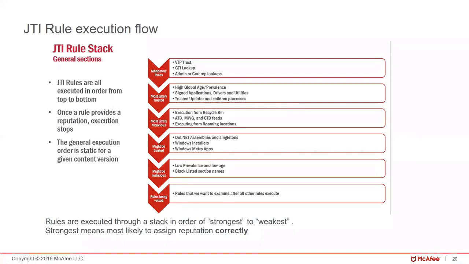So what this is going to end up with is the cache criteria for a file process. The rules are executed through the stack in order of the strongest to weakest rule, but all the rules are actually processed, so you can have multiple rule triggers when we go back and look at that.